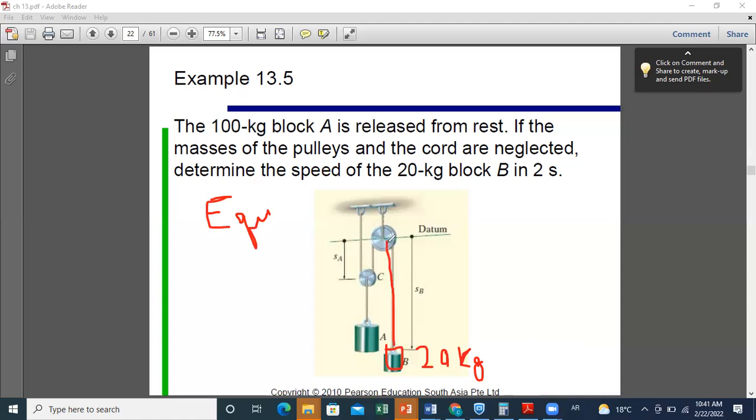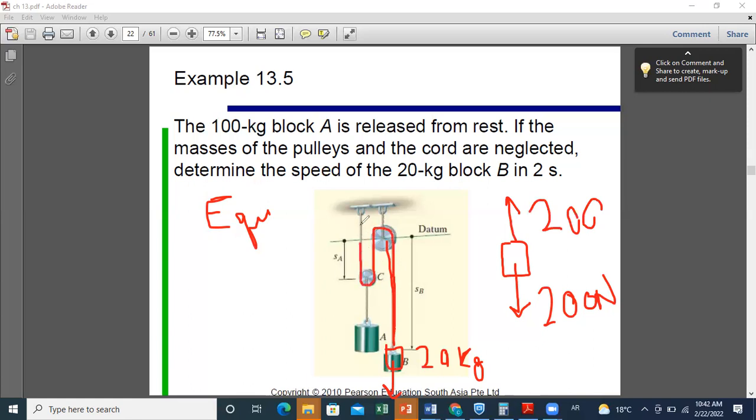Equal to the tension on A? No, not equal to the tension on A, equal to the weight of B, right? If block B is not moving, this means that the weight of B, which is 200 Newton, should be in equilibrium with the cord tension. So the cord tension in this cable should be equal to 200. If the tension in this cable is 200, we know that for a frictionless cable, the tension is the same everywhere, right?